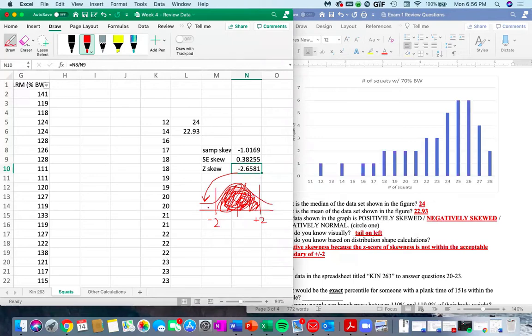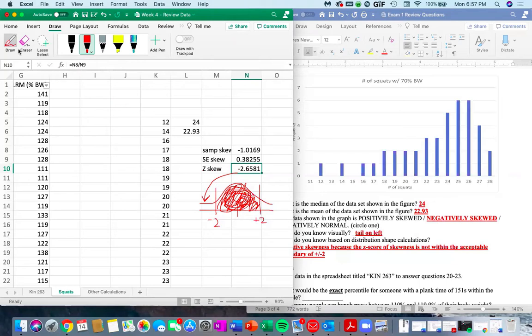Same thing goes for kurtosis. A negative z-score of kurtosis would mean negative kurtosis, a positive z-score of kurtosis would mean positive kurtosis. Anything in between -2 and +2 is relatively normal.